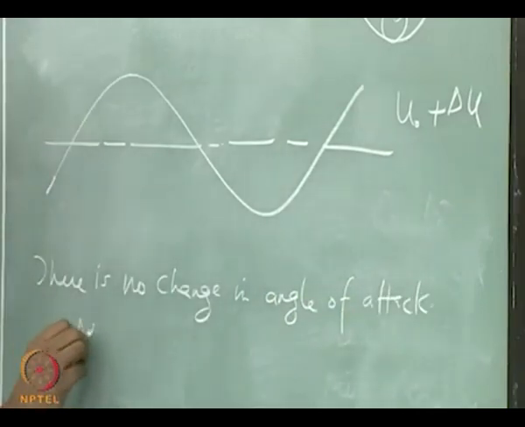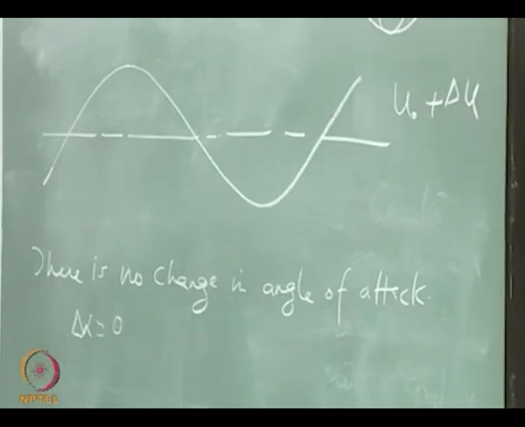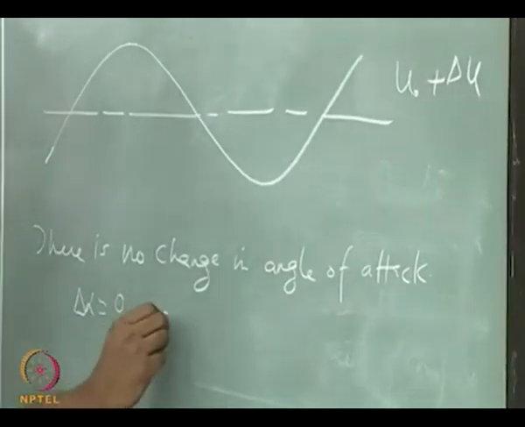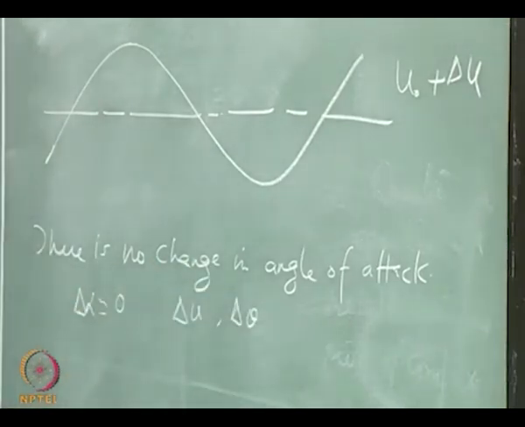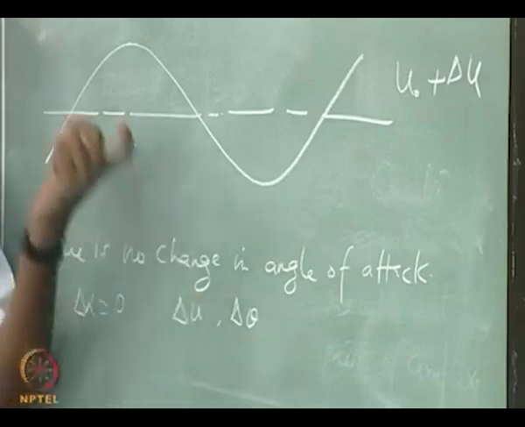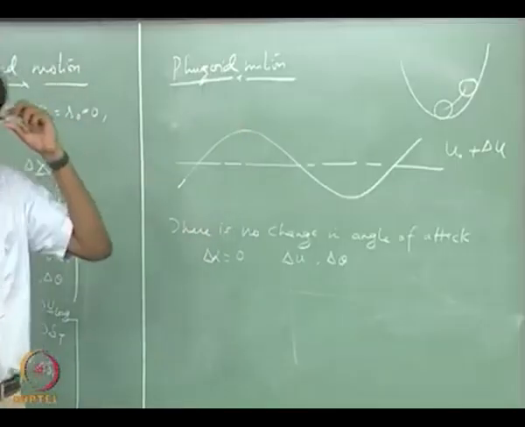So delta alpha is 0. There is a change in forward speed, and the flight path angle will change, then only you will get this height.